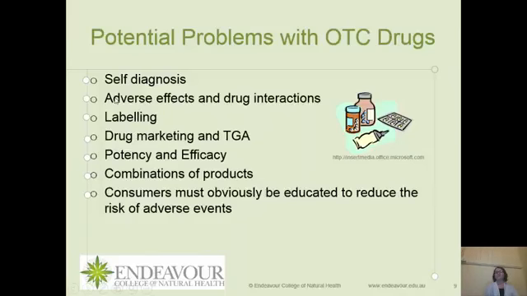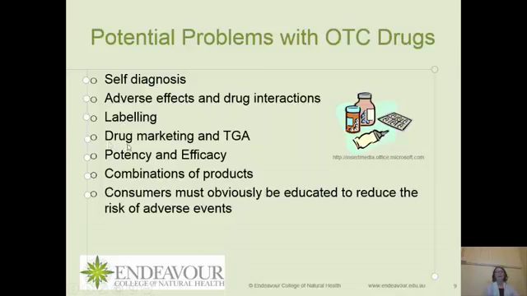Any medication produces adverse effects, and even these over-the-counter medications will produce adverse effects and will interact with other drugs, so that this will affect how these substances are labelled, scheduled and so on.